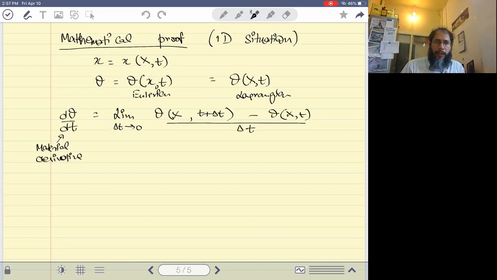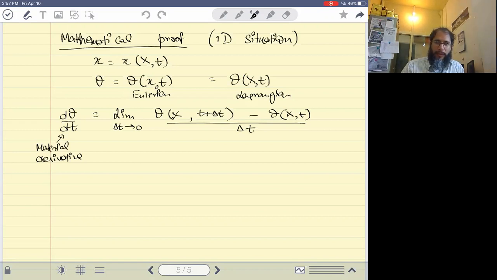So let's go to the definition of material derivative. It was the rate of change of a quantity, theta in this case, for a given material particle, or for a particle that you measure by sitting on it. So if you want to specify or fix a given particle, you fix a capital X. Okay, so this is how you define it.